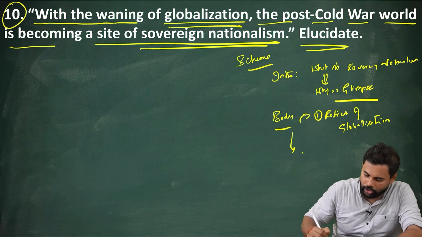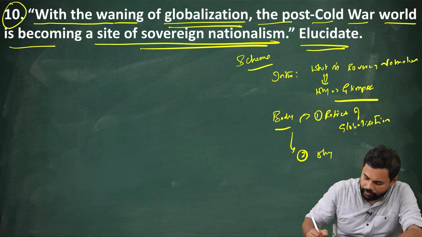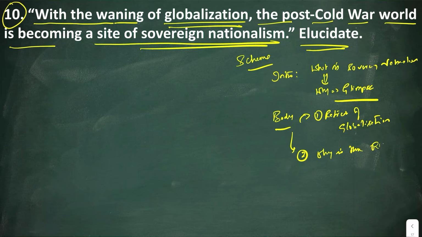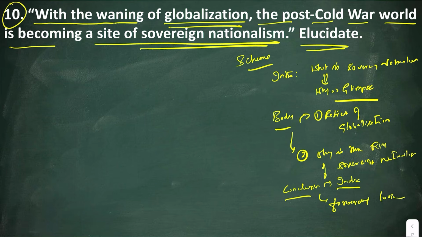And in the second point, I'll talk about why there is a rise of sovereign nationalism. In the conclusion also I'll talk about two parts. I'll talk about India in this waning globalization, and I will give a forward-looking conclusion on how countries like India have to balance their national interest with globalization. So this is how the schematic of this answer is going to be. Alright, so let us start off.